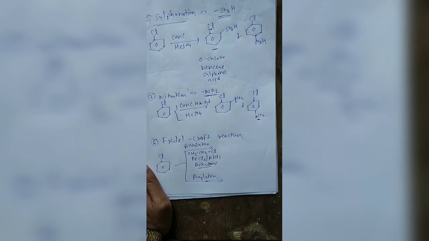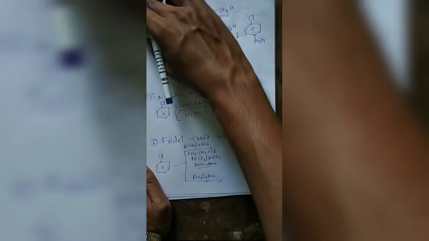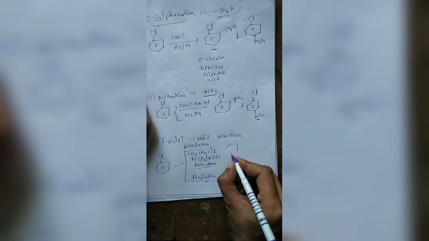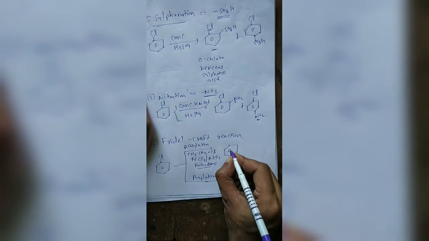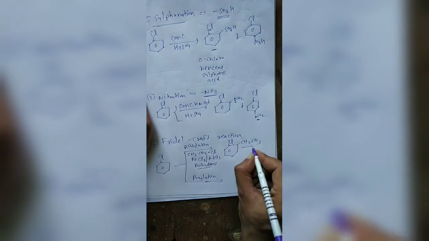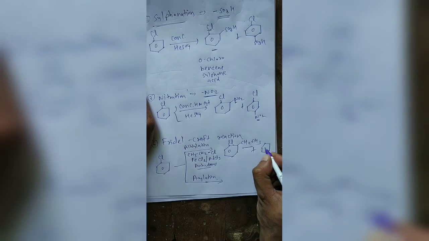Anhydrous means free from moisture. So the product will be: ethyl group will enter on the ortho position as well as on the para position.